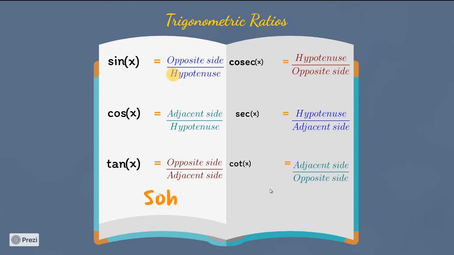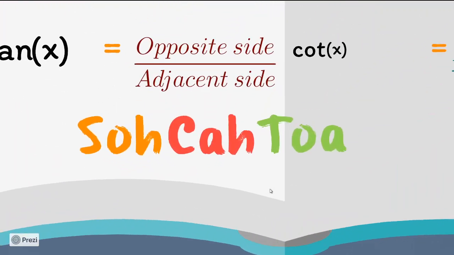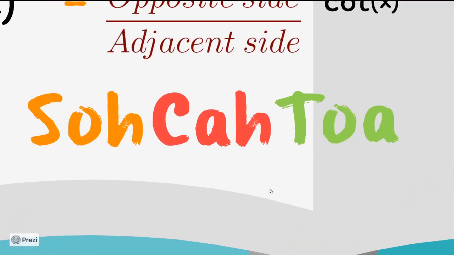Then I'll write cos, C in capital letter because that is the name of the ratio. Then the adjacent by hypotenuse, I will take the first letters a and h. And similarly, I will take it for tan, that will be capital T, then O by A, because opposite side by adjacent side. Now this is your short form.